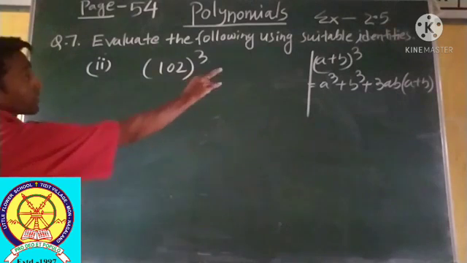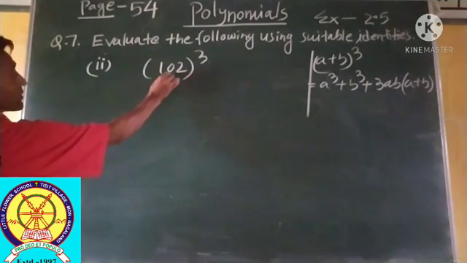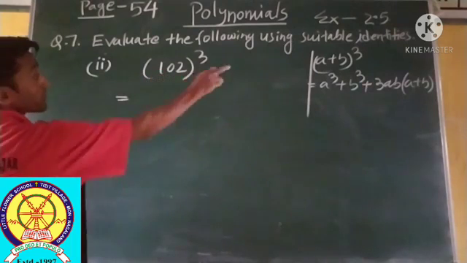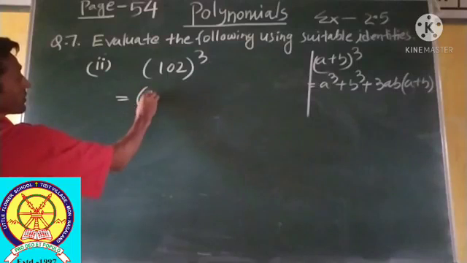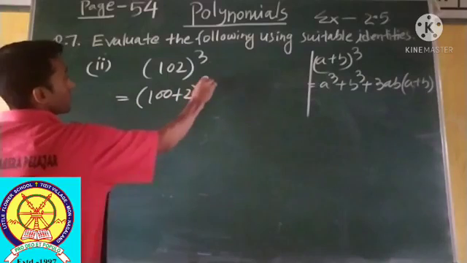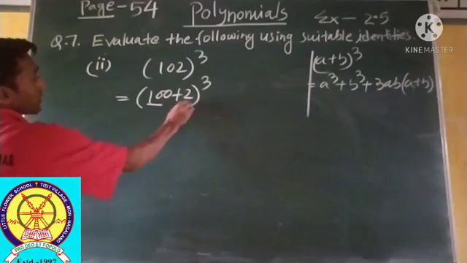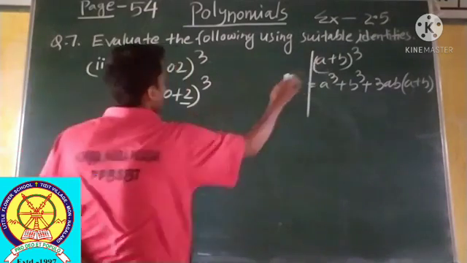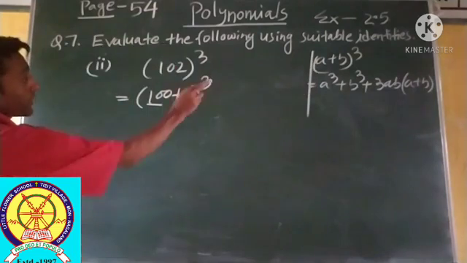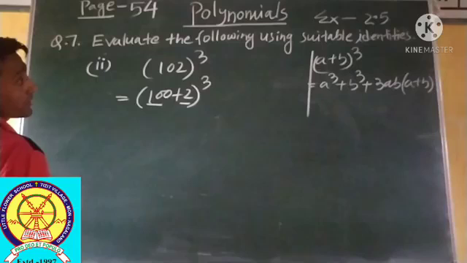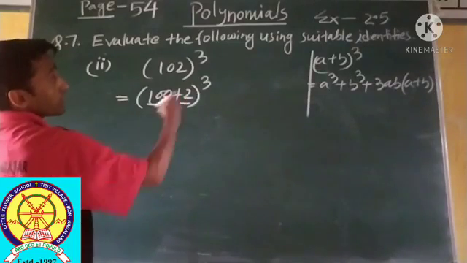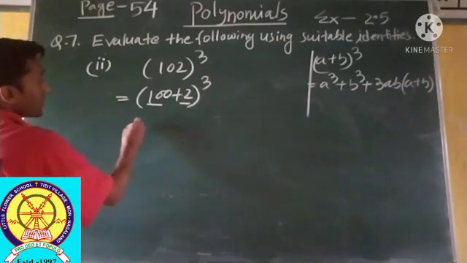So now according to the identity we express this 102. We know 100 plus 2 is 102. Now you see here a is 100 and b is 2. So (a plus b) whole cube is now according to that identity.